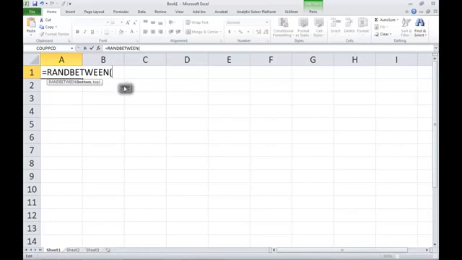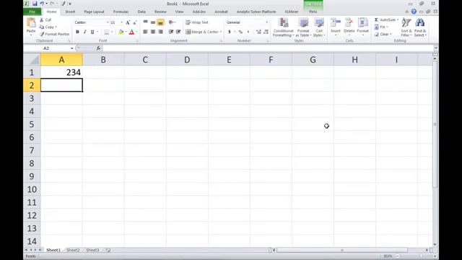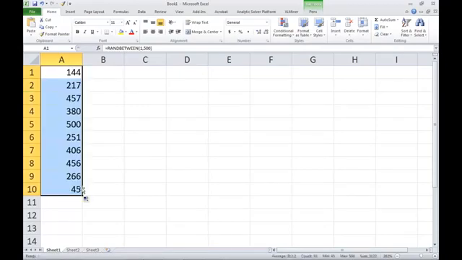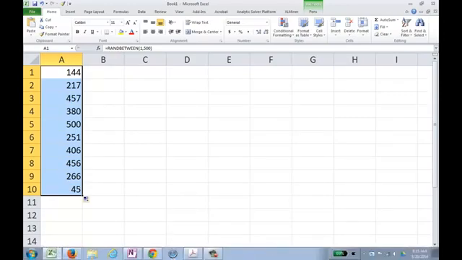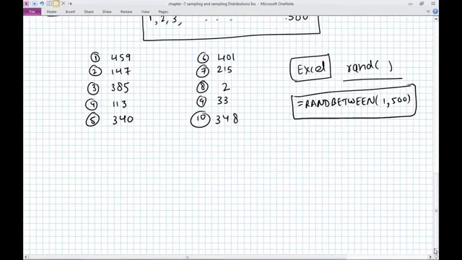So I could have written 1 and 500. For example, Excel gives me 234 as the first company, and then you can drag this to 10 places and you have 10 different random numbers. So we could have used that.